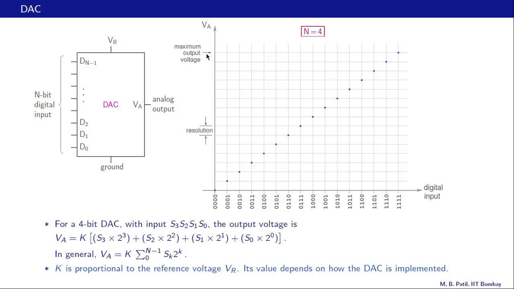In this case, for example, we have 2 raised to 4 minus 1, that is 16 minus 1, or 15 divisions between the lowest and the highest values. So then we can calculate the resolution as the maximum output voltage divided by 15 in this case.